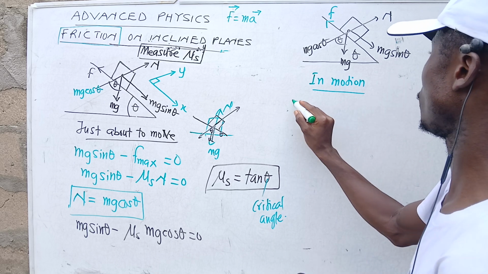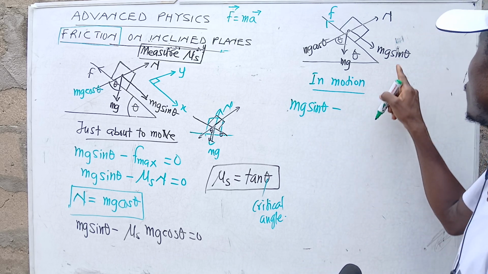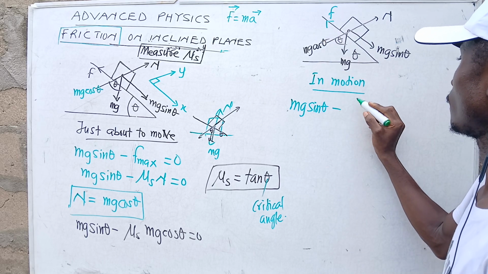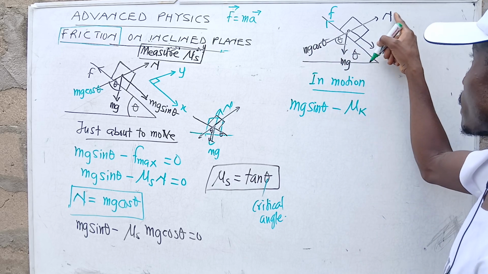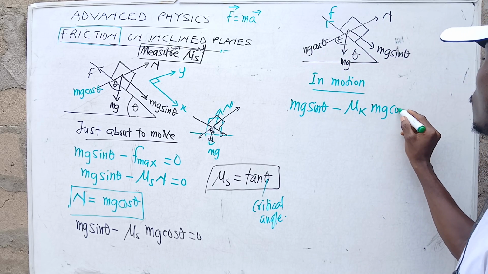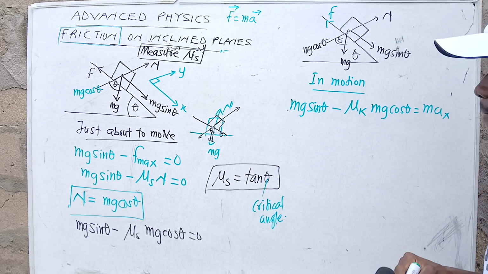In motion, mg sine theta as a force in the positive x direction minus F. This time around, F will be mu k times the normal reaction, where the normal reaction is mg cos theta, equal to m times ax.